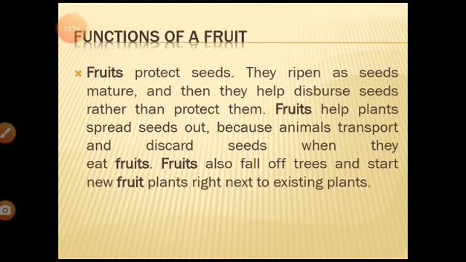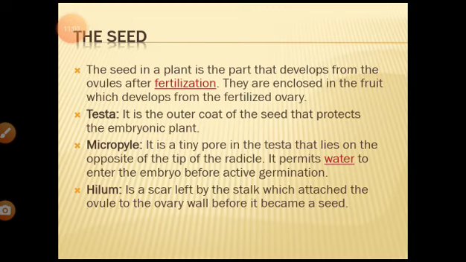One plant consists of many flowers, so it can have many fruits and many seeds. From one tree we can make many trees. These are the functions of a fruit.